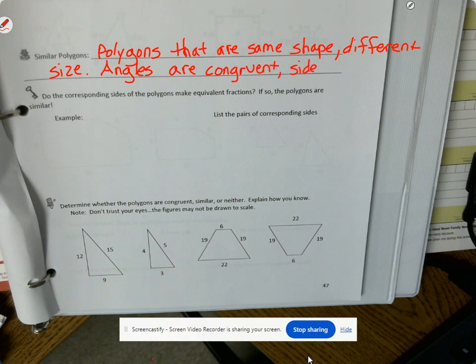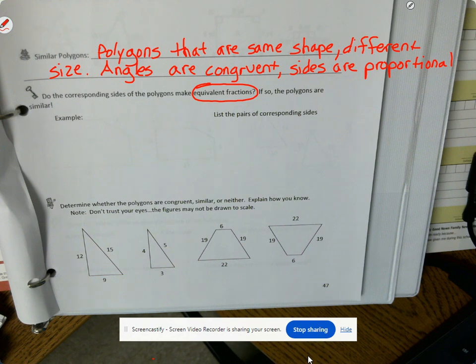Sides are proportional. That is key. Sides need to all be proportional. Do the corresponding sides of polygons make equivalent fractions? If so, the polygons are similar.